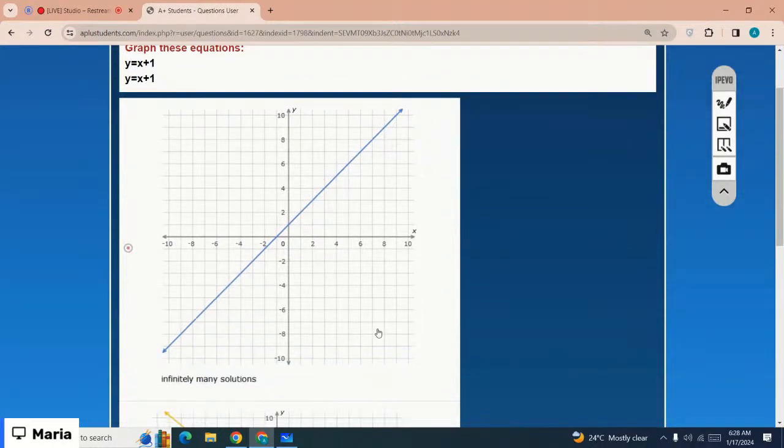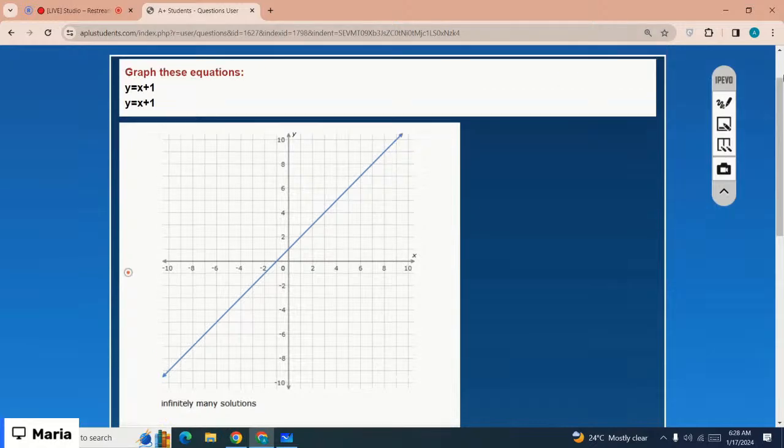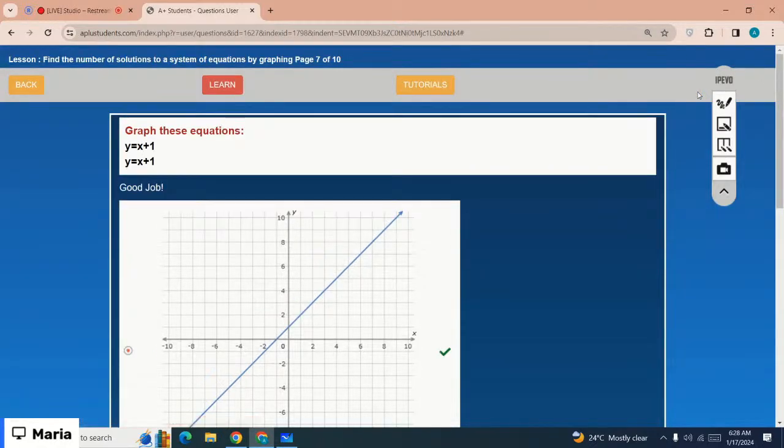So the system has infinitely many solutions, right? Option number 1 is the correct option.